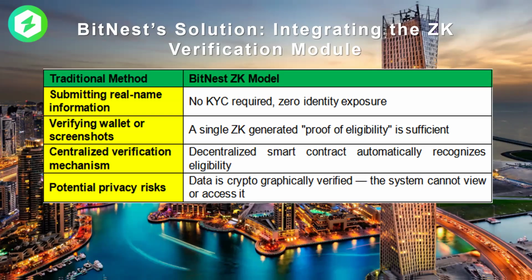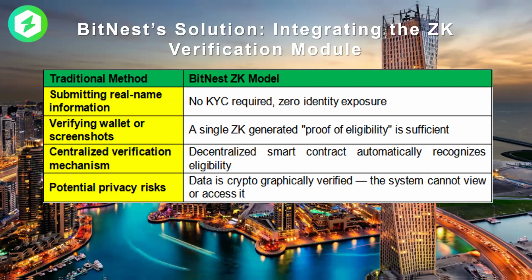Then will be the application logic. The user only needs to prove via ZK that my current deposit is more than 100 USDT. There's no need to reveal their wallet address, actual balance, transaction history, or identity. So the system will automatically recognize their eligibility to join.